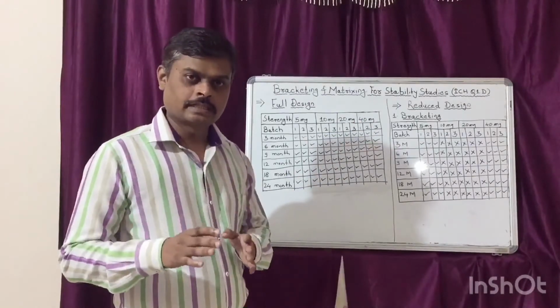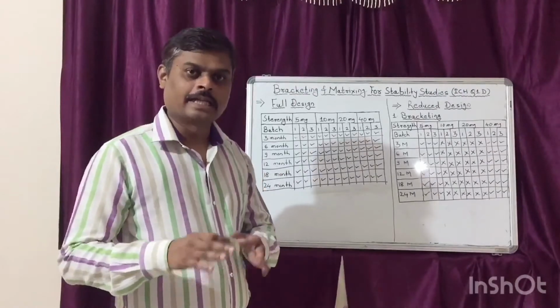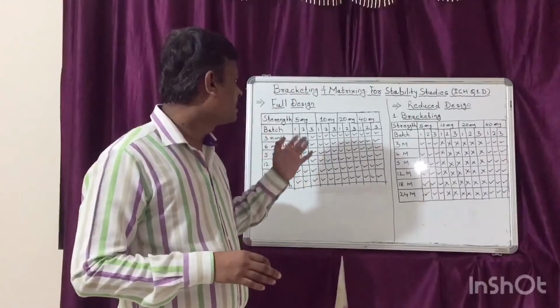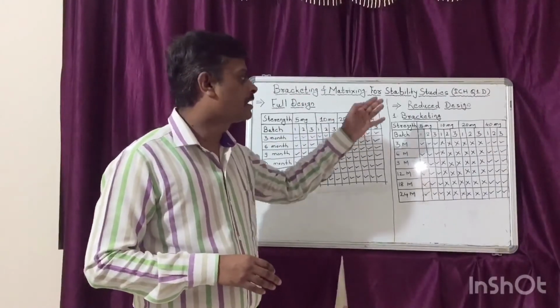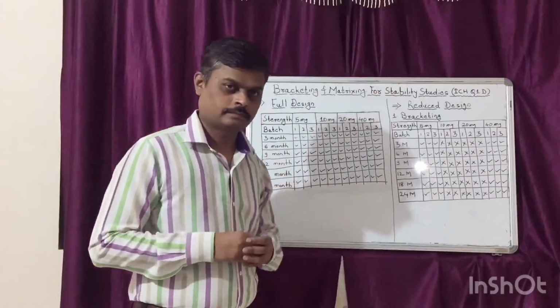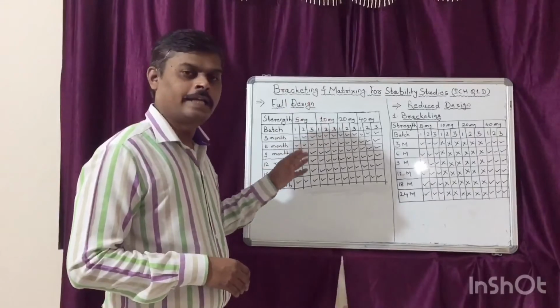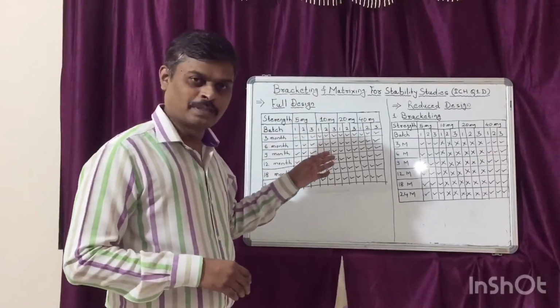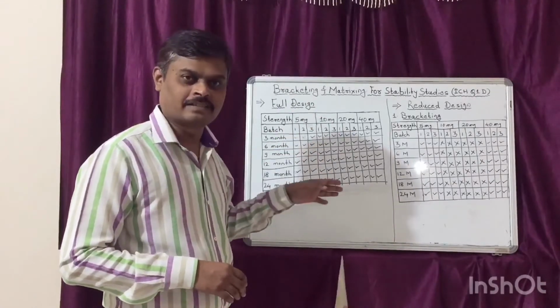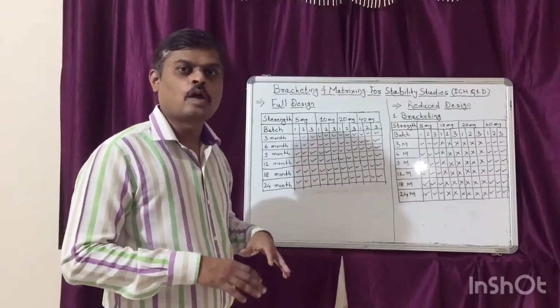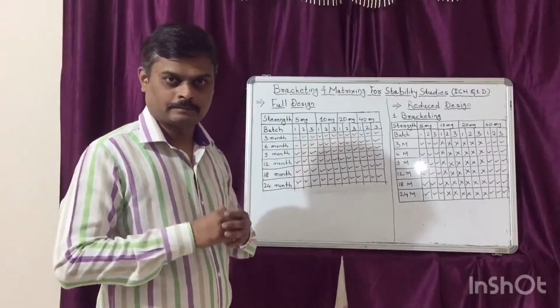Before discussing bracketing and matrixing, let us understand what is full study design and what is reduced study design. A full study design is one in which all samples of all design factors should be tested at all time points.